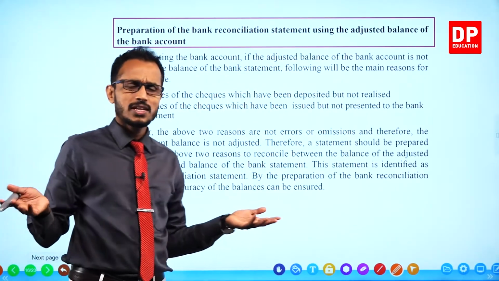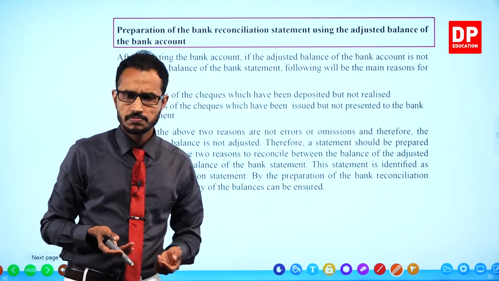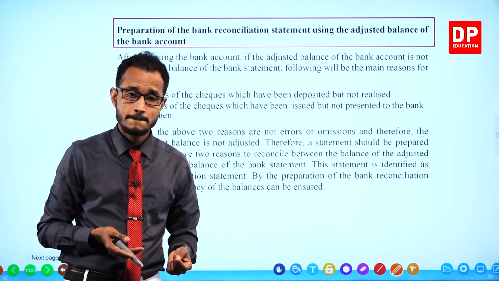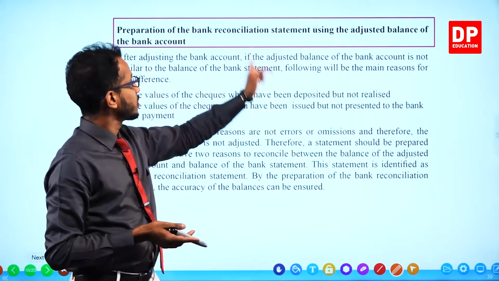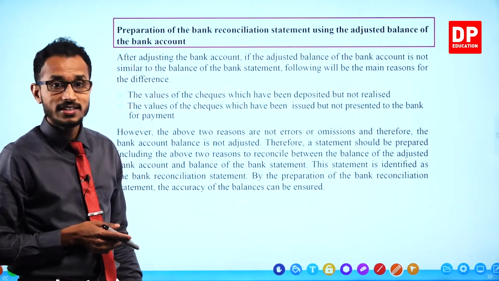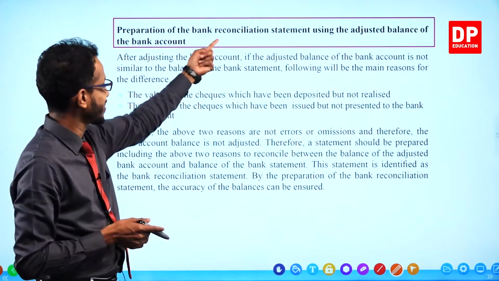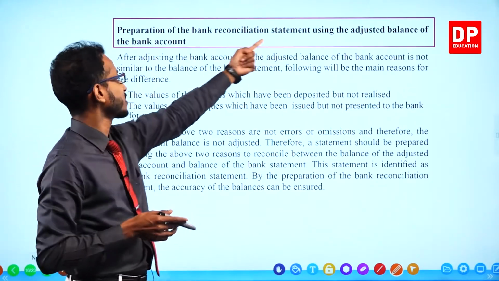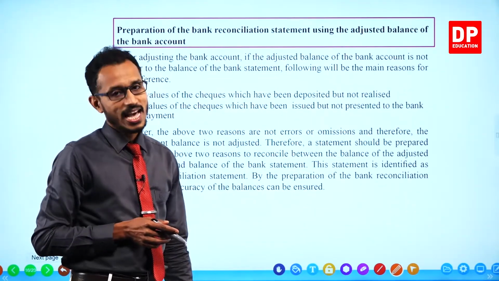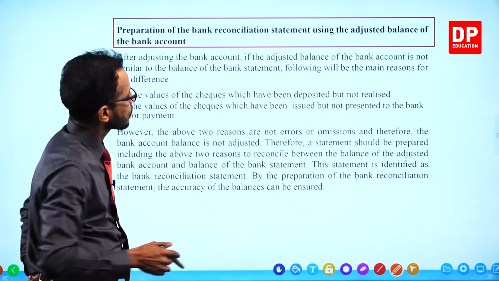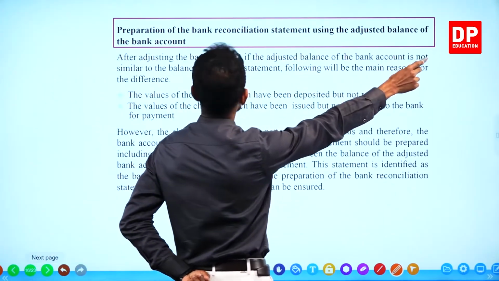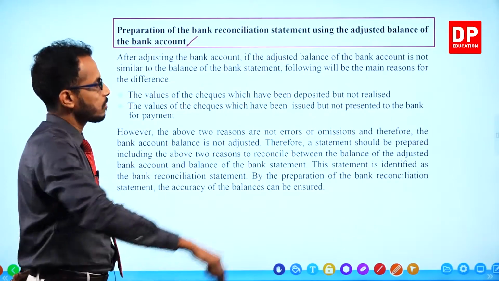Well, that is the title of the lesson, right? Now only we got to that. Now we are preparing the bank reconciliation statement using the adjusted balance of the bank account. All right.